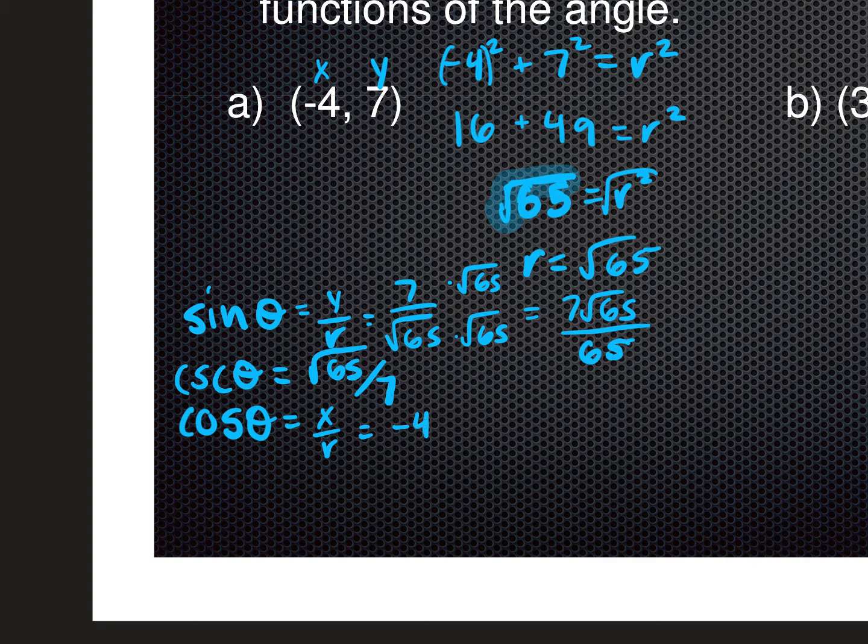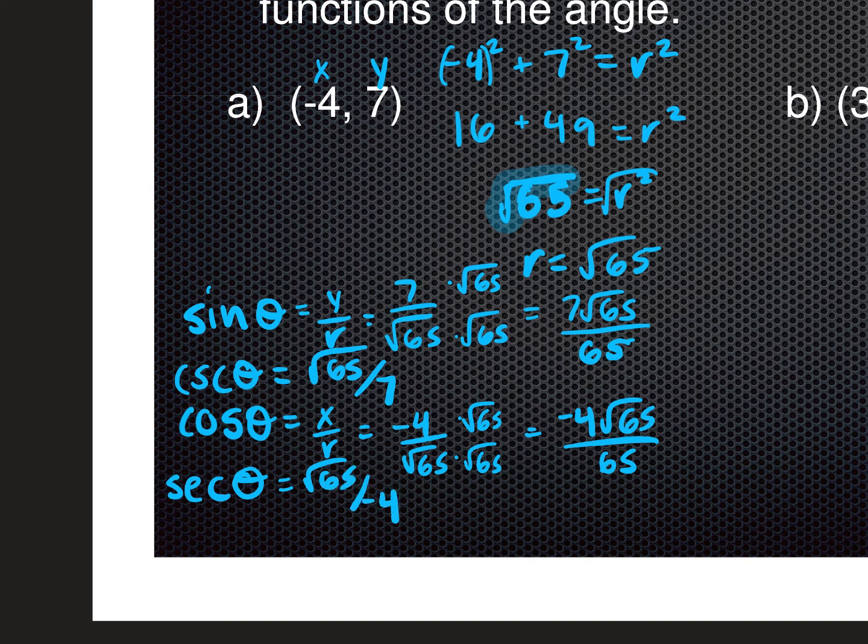X is negative 4 over square root 65. We have to rationalize. So negative 4 square root 65 over 65. And then secant is my reciprocal function of cosine. So it'd be r over x, so square root 65 over negative 4.